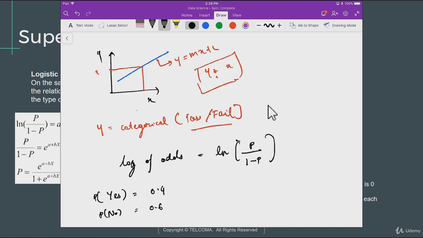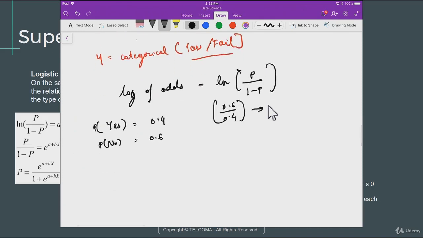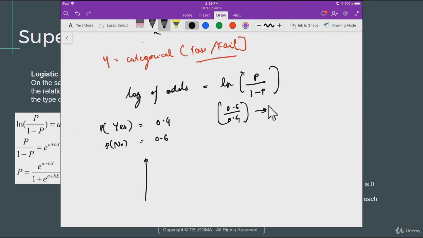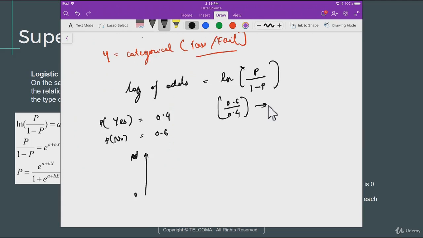Now, if you put this in the equation, you'll say it is 0.6 divided by 0.4, and you have a finite positive number, right? So if you plug this into this equation, you'll say that, okay, y can be determined as a simple finite number, which is between, let's say, 0 and some finite number. Let's put it as n.